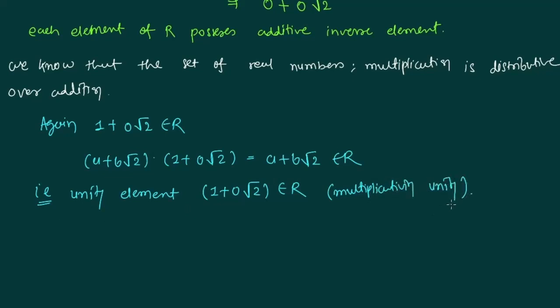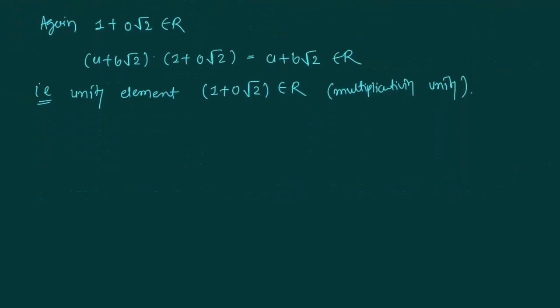Now R will be a field if each non-zero element has a multiplicative inverse, and we already have the multiplicative unity. Now to prove R is a field, each non-zero element must have a multiplicative inverse.